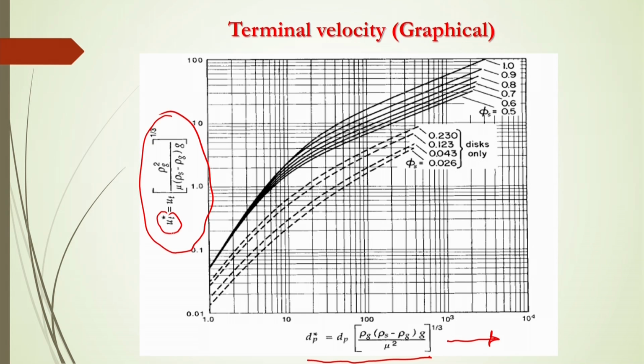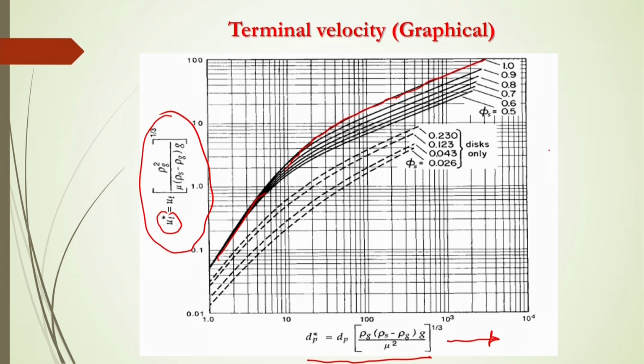You will see here that u t star changes with dp for different sphericity. For sphericity equal to 1, this line will give you the different data of terminal velocity for different dp, that is particle diameter, and also for different sphericity you will get different terminal velocity.